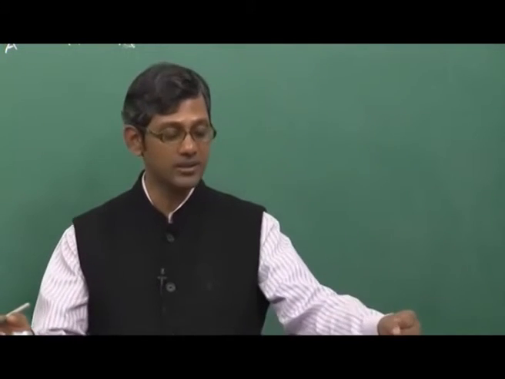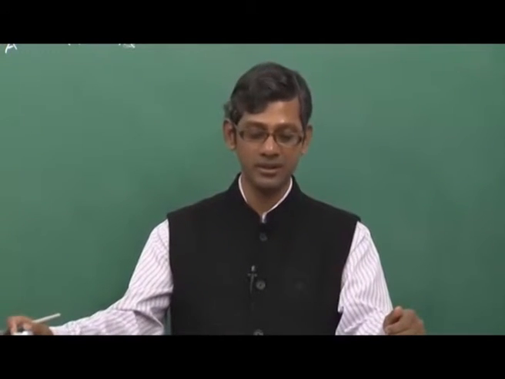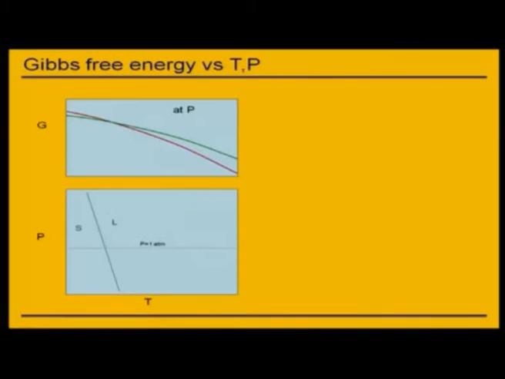So the slope of this curve, dP by dT, will be negative. That is why this curve is shown as negative. But it is not so for many other metals, where the change of temperature versus pressure is not negative, and in that case it will have a positive slope. The temperature at which the 1 atmospheric pressure line cuts this axis is 273 K, that means 0 degrees Celsius.